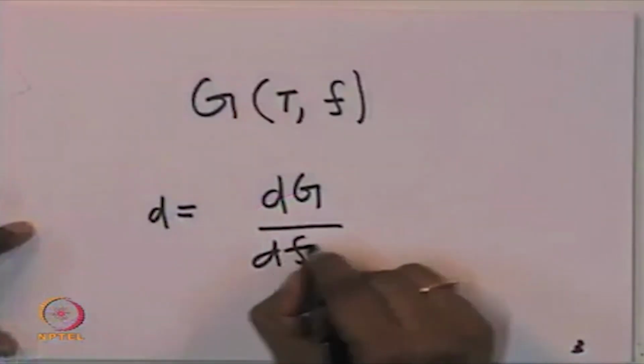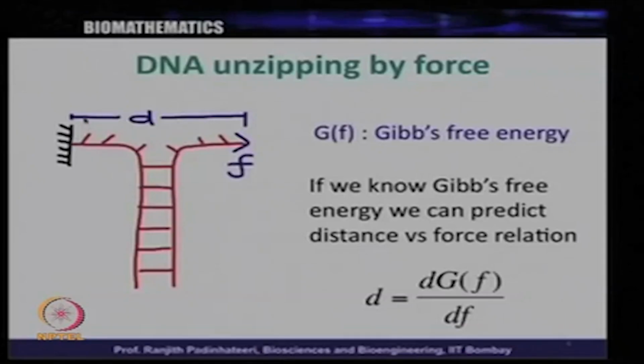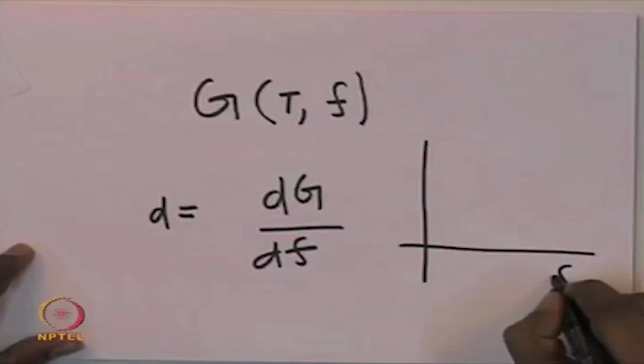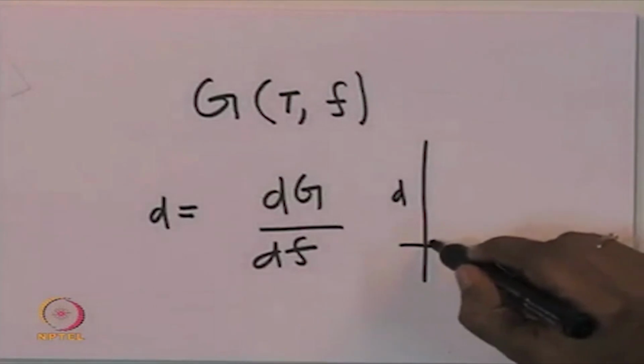What is written here is that if you know G, the distance d is given by dG by dF, given that the temperature is constant. Here d is the distance, as you see in this picture, and the more the force, the more the distance in this case. But using this relation, we can make a plot of force versus distance. You can make a force versus distance curve.